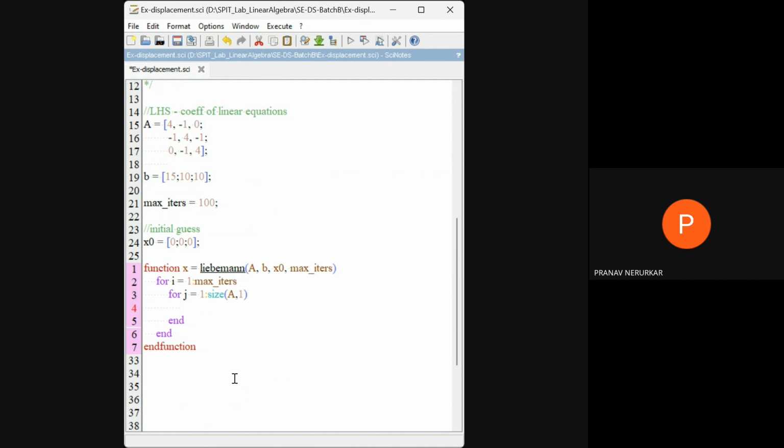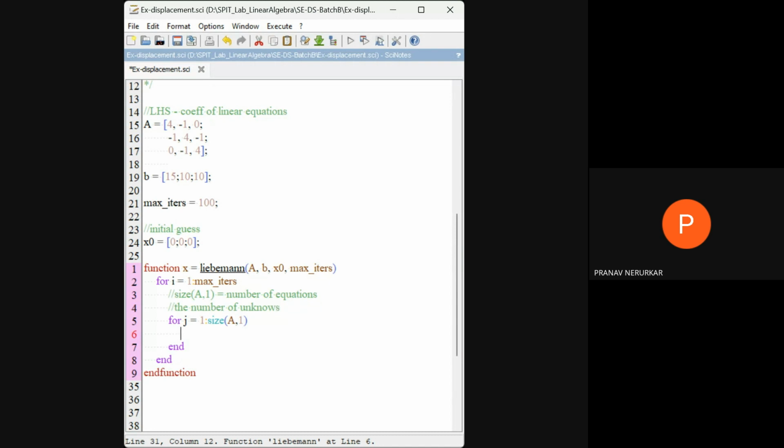So j will be from 1 to size(A,1). This size(A,1), it is number of equations or the number of unknowns that we want to solve for.